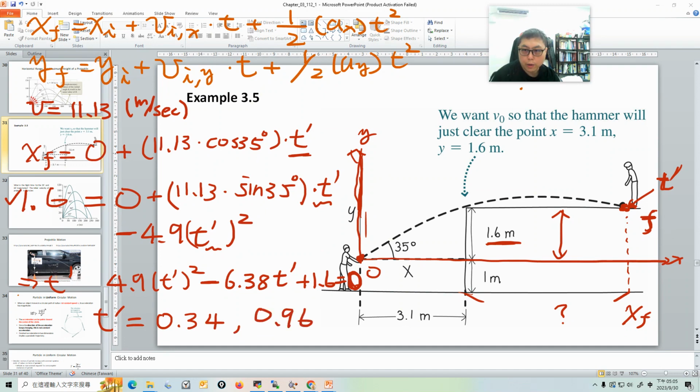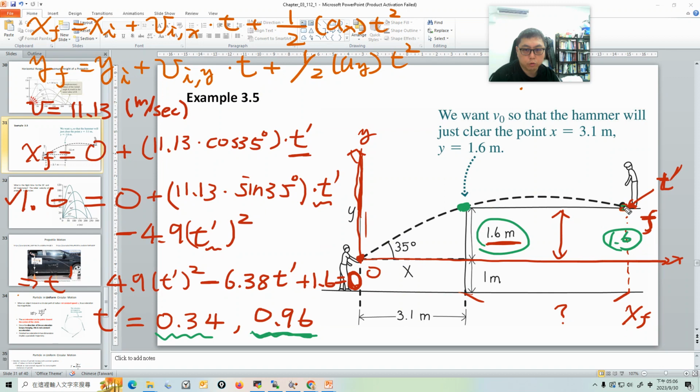Why do we have two solutions? Which one is our answer? The answer is the bigger one. The smaller one, 0.34, is because when you look at the graph, at this point the y component is also 1.6, and here is also 1.6.